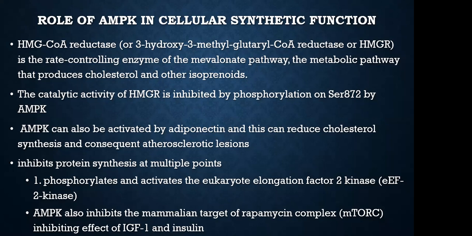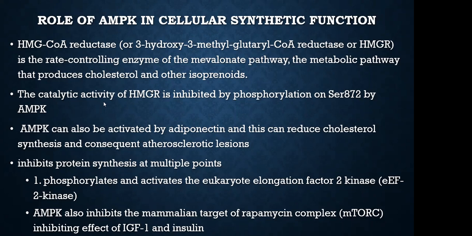AMPK can also be activated by adiponectin, and this can reduce cholesterol synthesis and consequent atherosclerotic lesions, and also inhibits protein synthesis at multiple points. These are a couple of areas where it does that.